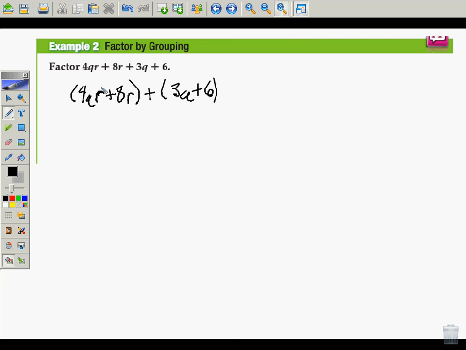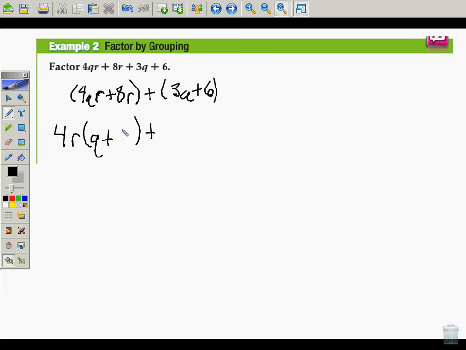R appears in each of them, so I can take out an r. Plus, and then we'll worry about the second part in a little bit. 4qr, when I take out the 4r, what times 4r is 4qr? Well, it would just be q. Plus, 4r times what is 8r? Well, 4r times 2 is 8r. So I get 4r times the quantity q plus 2.